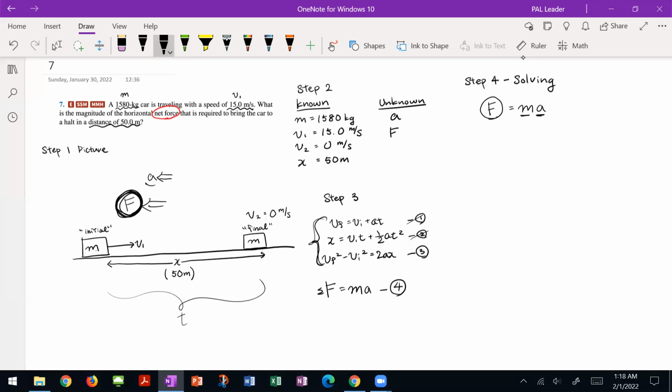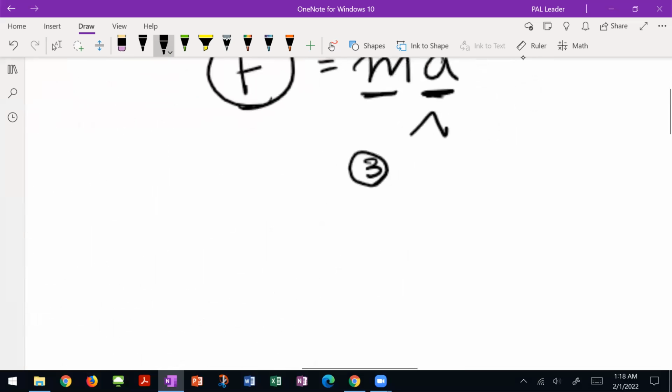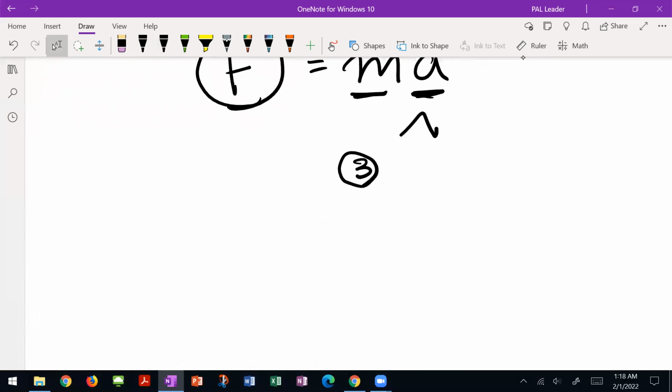So I am going to do this, and we're going to zoom in here. Oh, oops, that's not the right equation. We're looking at number three, V final squared minus V initial squared equals 2AX.